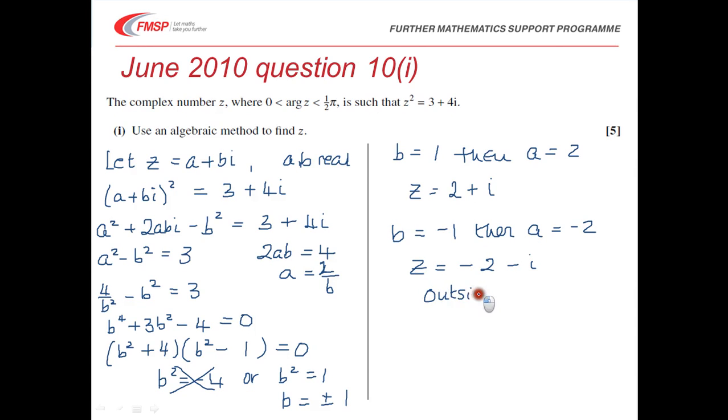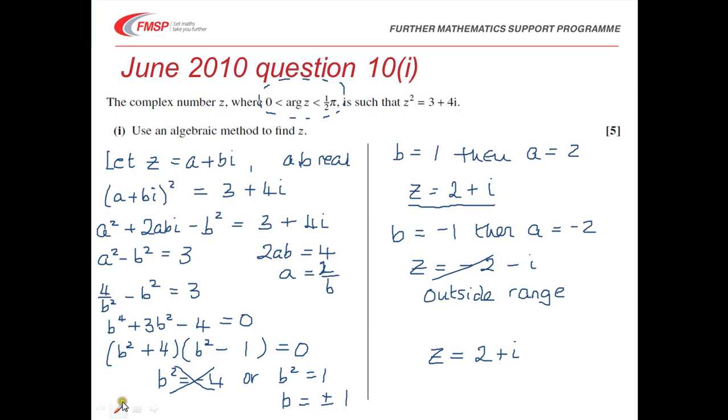Remember what the question said at the beginning. So this is not going to be a solution, because we were told at the beginning of the question that the argument of z had to be between 0 and pi over 2. So the answer that we're looking for is 2 plus i.